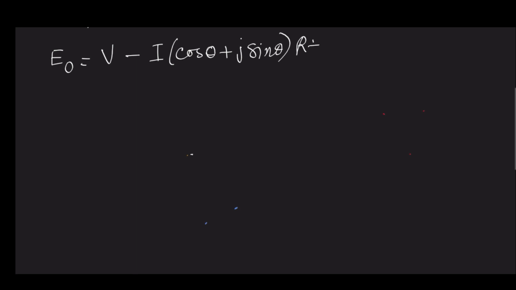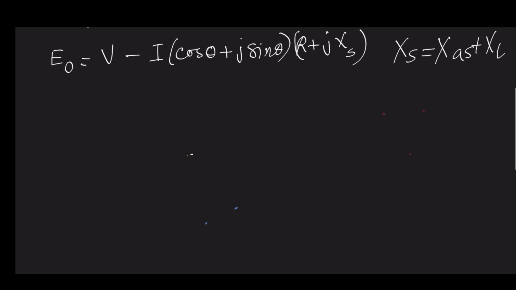Now for lagging load, everything will remain same. Like E naught will be V minus I cos theta plus j sin theta times R plus jXL. So from this we need to, sorry, jXS, where XS is XAS plus XL.